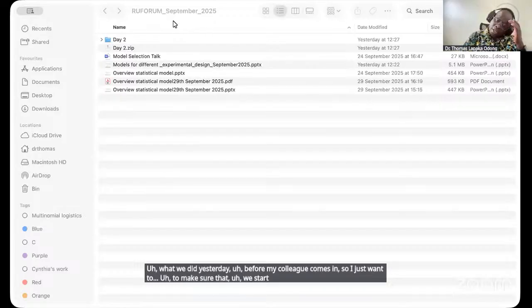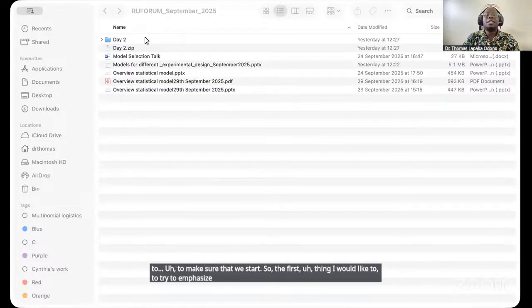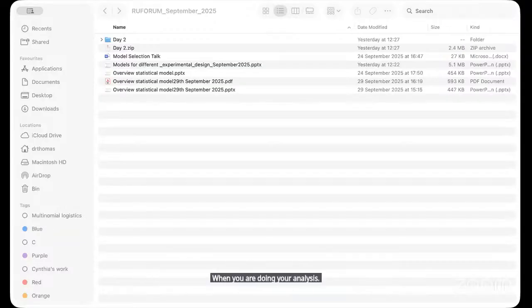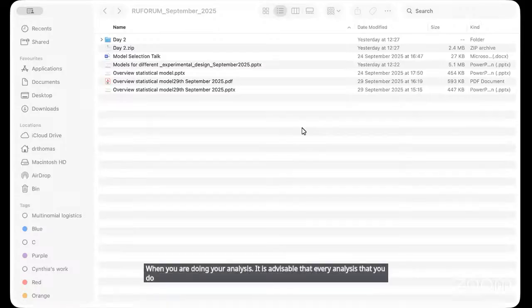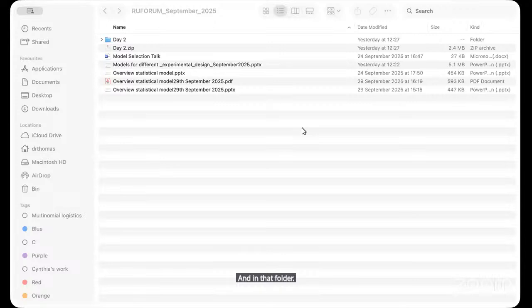So the first thing I would like to emphasize is that when you are doing your analysis, it is advisable that for every analysis you do, you create a folder, and in that folder you will have the data set that you're going to analyze.